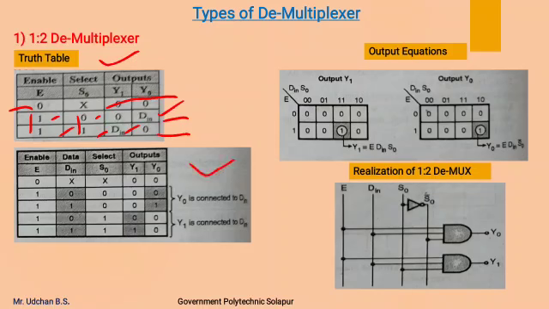This is the elaborated truth table in which actual values of data input are shown. In the first condition, enable is 0, so irrespective of available data input and status of select line, we get a 0 over the two output lines.